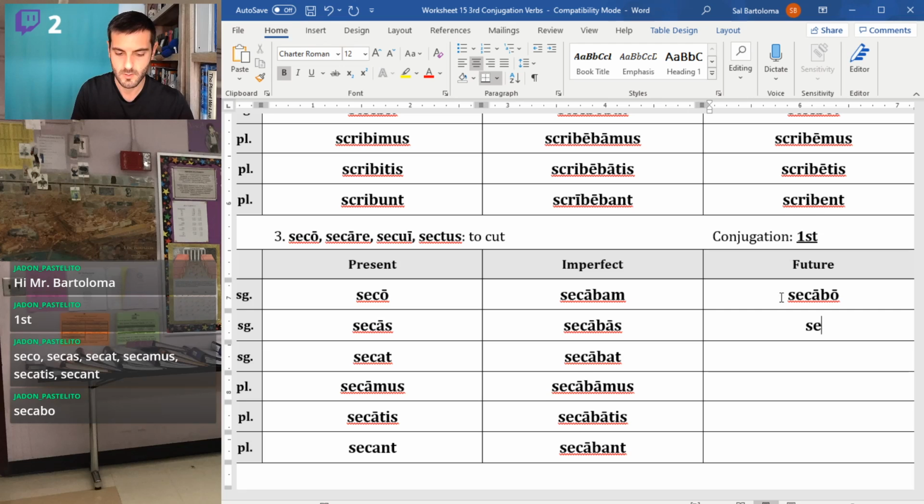Secabo, secabis, secabit, secabimus, secabitis, and secabunt. So we use our bo-bi-bu for first conjugation. First and second conjugation, bo-bi-bu. Third and beyond, we use the new pattern. Okay?